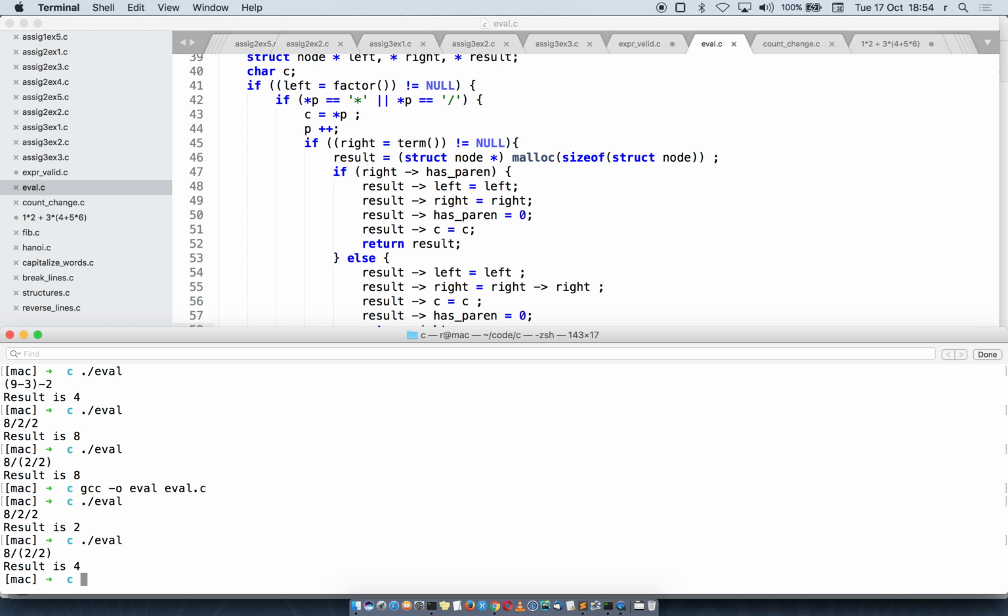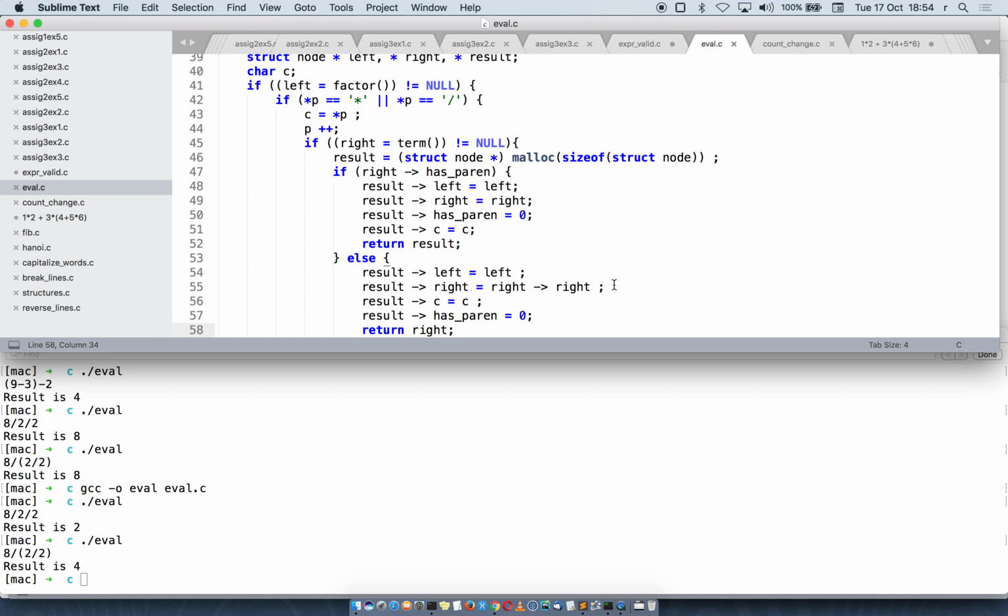So result dot right equals right dot right. Then right dot left equals result. That's what you can do. I knew we missed something. Right dot left equals result.